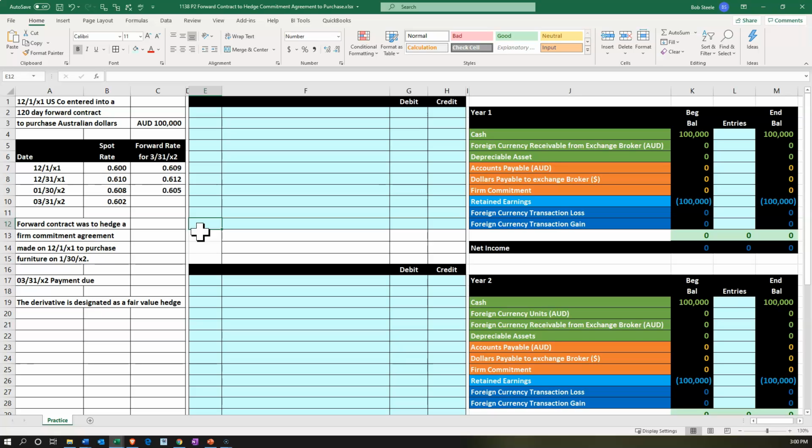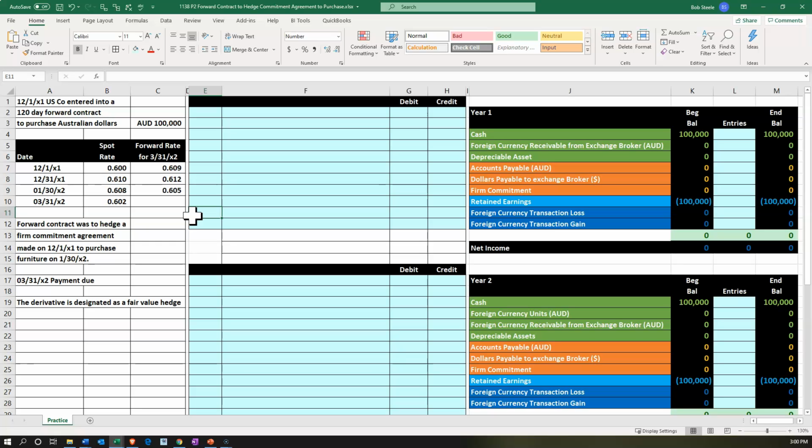So on 12/1/X1, a U.S. company, that's us, entered into a 120-day forward contract to purchase Australian dollars. That component is similar to prior problems, and now we're going to look at the slightly different circumstances we have here. We've got the spot rate and the forward rate here, and we'll take a look at those shortly.